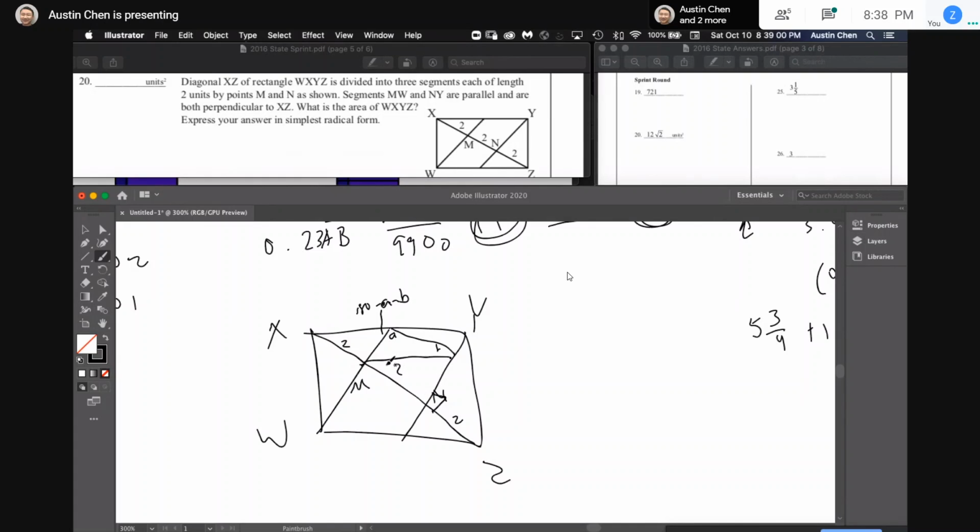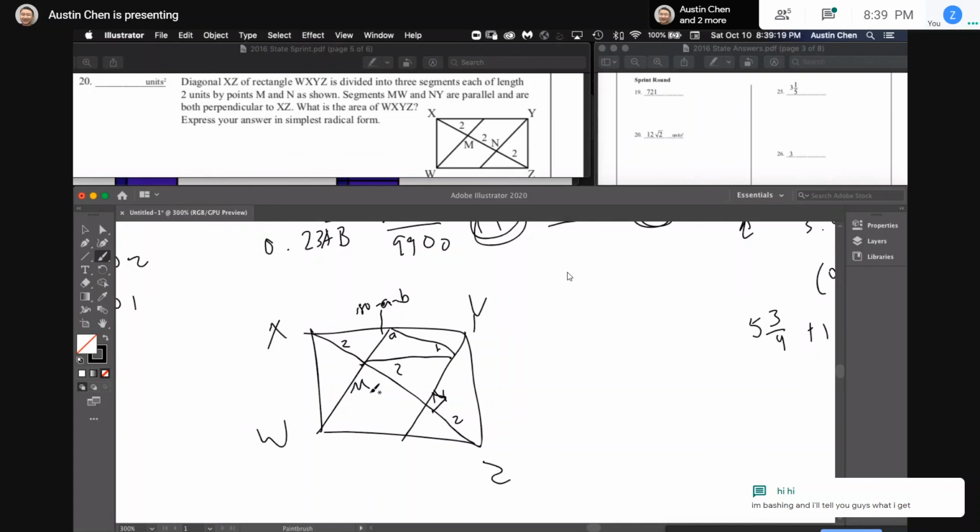I'm not sure if this is getting us anywhere. So I think what we should be looking at is that this thing has some special features.